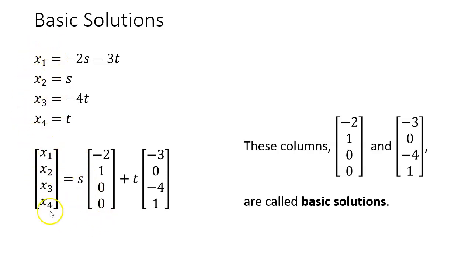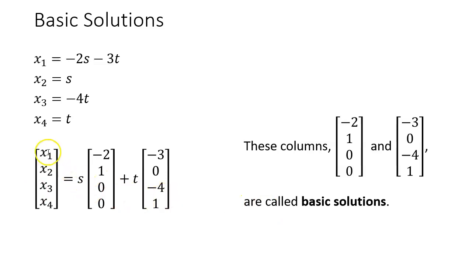And you'll see that our vector of solutions is written as the parameter s times this vector plus the parameter t times this vector. And because we can write it this way, these 2 columns, the negative 2, 1, 0, 0, and the negative 3, 0, negative 4, 1, are called basic solutions.